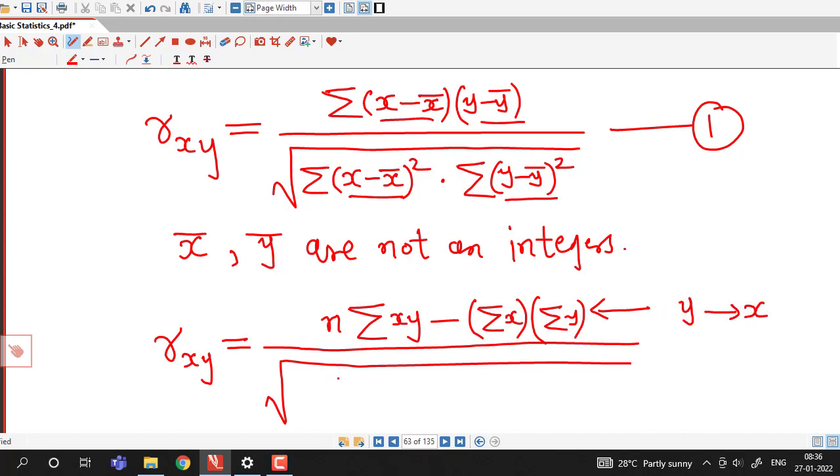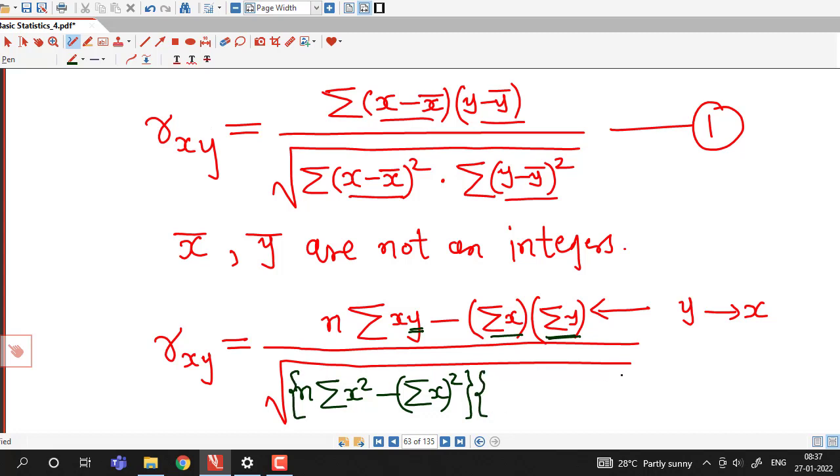I keep n as it is. If I replace y by x, I will have sigma x square, and sigma x times sigma x, that is, square of sigma x. This is the first term in the product.